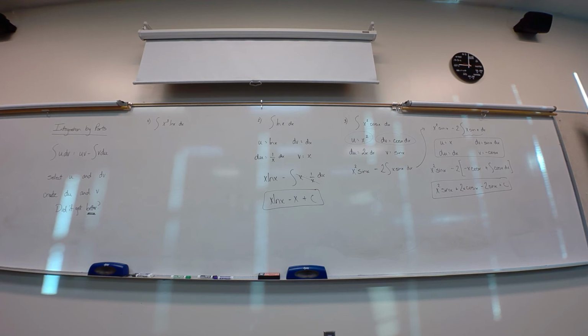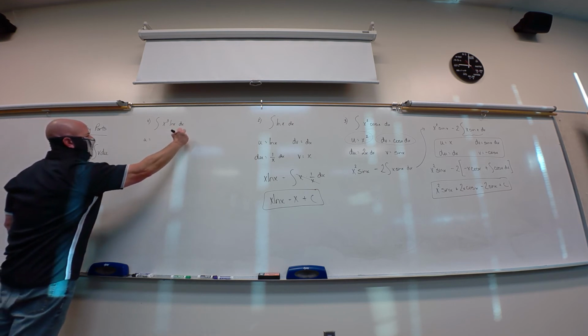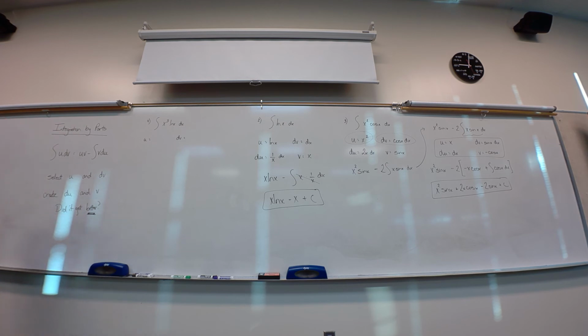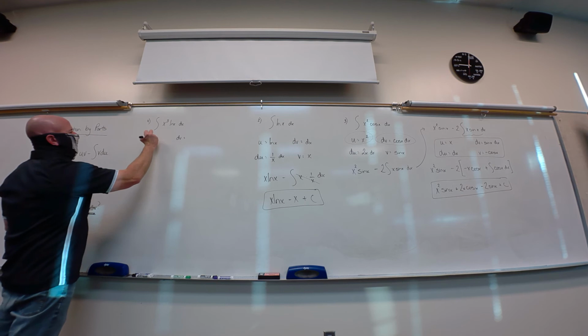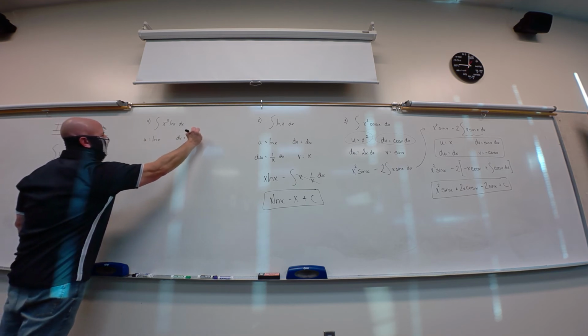This is usually our indication of parts. Any of that substitution stuff isn't going to work when you try it here. I need a u and a dv. This will be a case where I'm going to let u be ln x, dv x cubed dx.